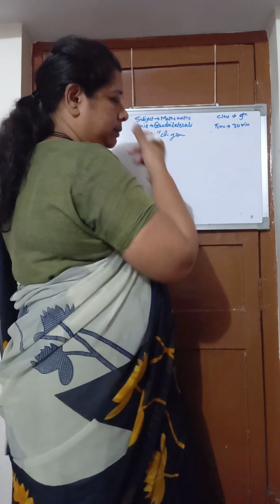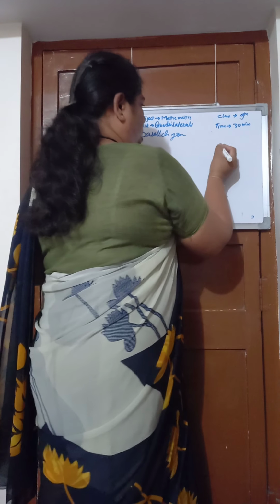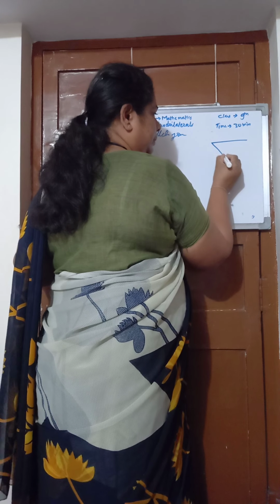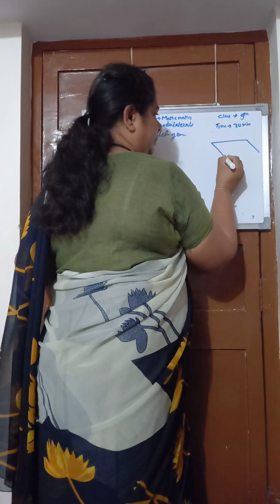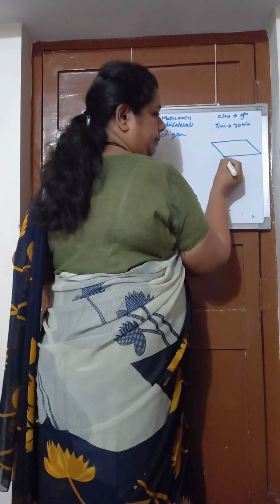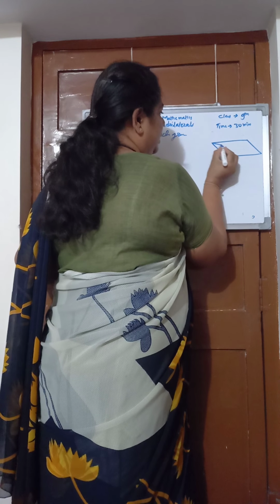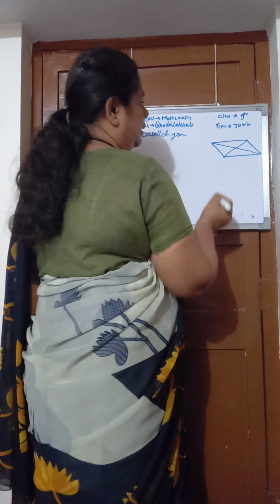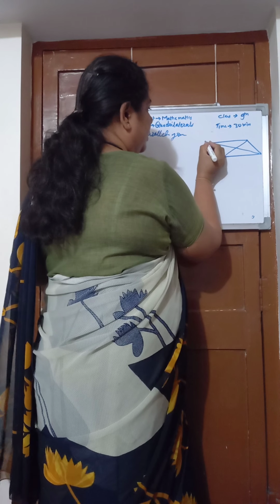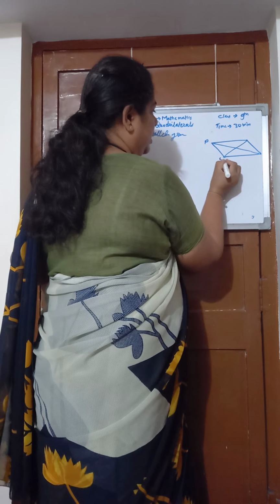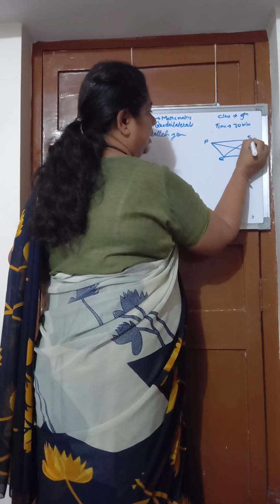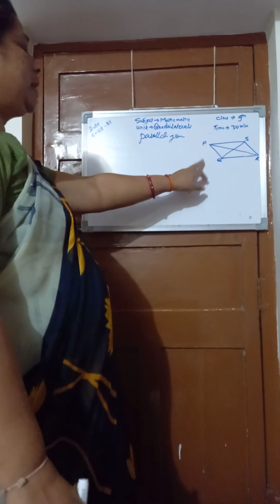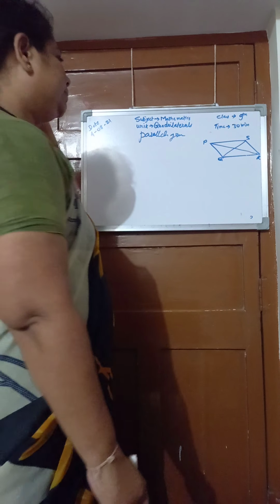Now take another parallelogram. These are two diagonals. This is PQRS. This is a parallelogram, PQRS parallelogram.